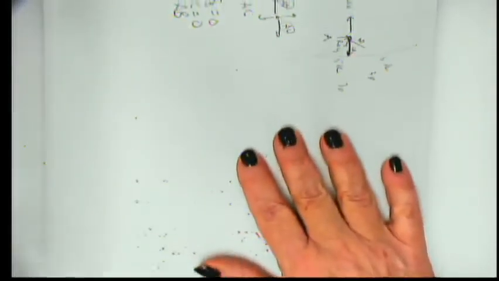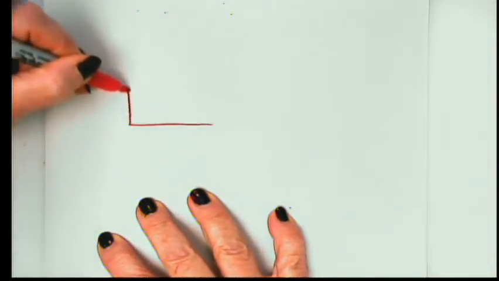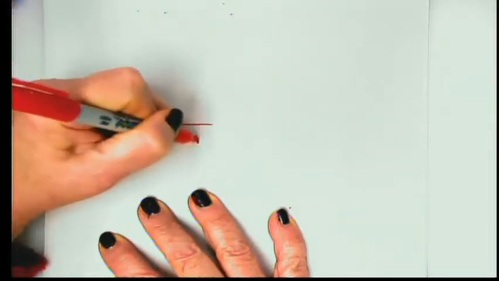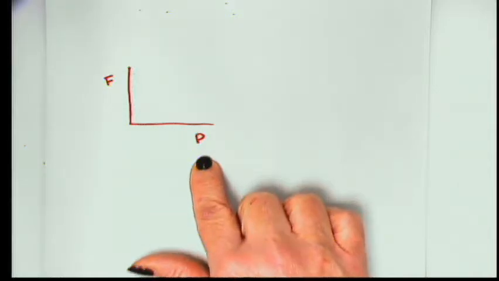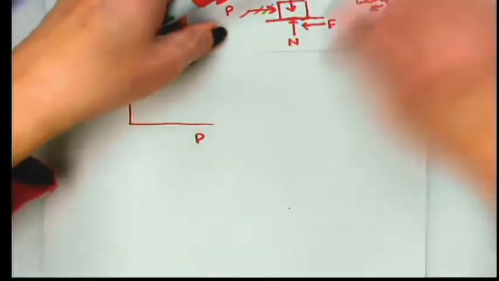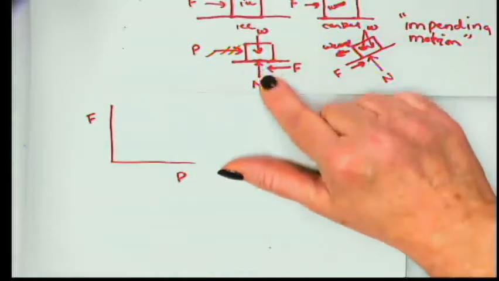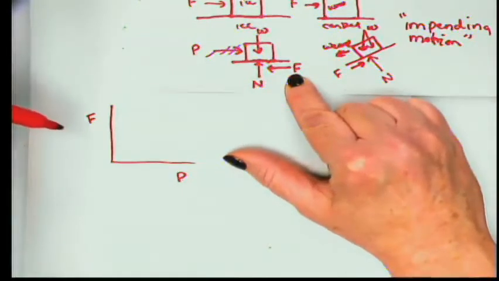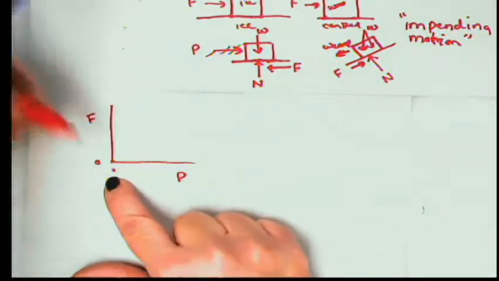All right, so there's a chart that your authors draw that I think is pretty good, where we have a graph of the force of friction versus this applied force P. And we're basically talking about the first scenario here, where we have a horizontal surface, a force P, and then some sort of an oppositional force F. Well, if P is equal to 0, F is equal to 0 as well.